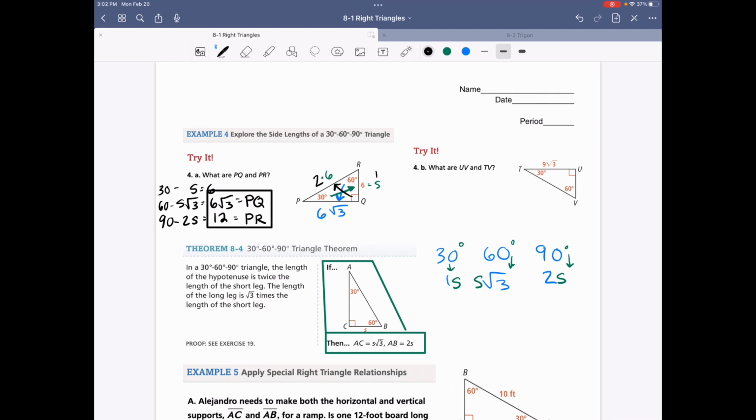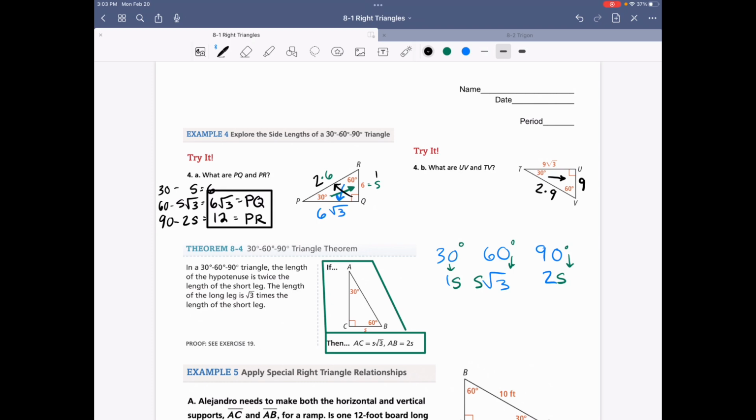All right, we have another fun triangle, and we notice there's a root 3 with a 9. So 9 is going to be the smallest of the ratios. It's what the 30 is pointing to. So I'm going to put 9 here. And then I'm going to put 2 times 9 over here. The longest side is the 2 times it.